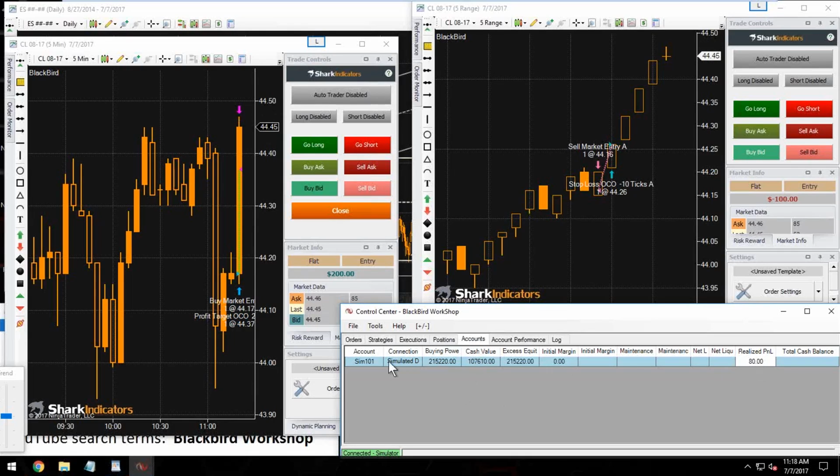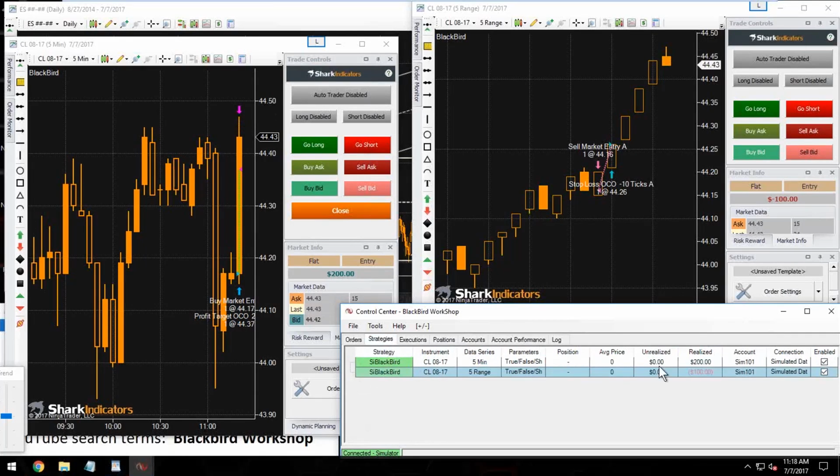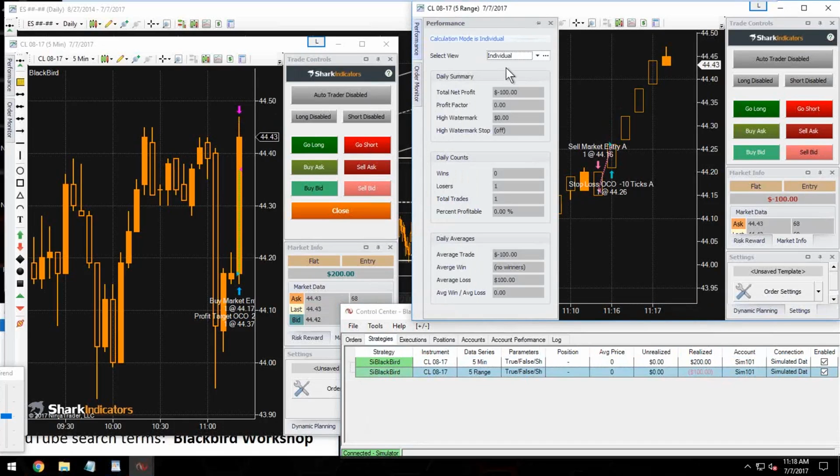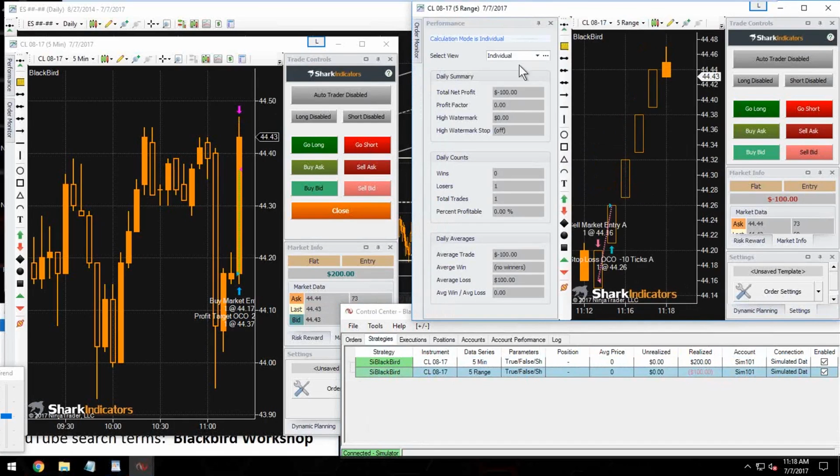So you can look at your account and see what your realized is, or you can look at the individual strategies here and take a look. And of course, you could also look at BlackBird's performance metrics there.